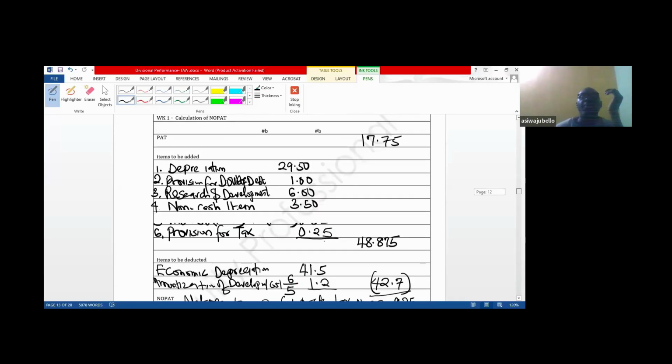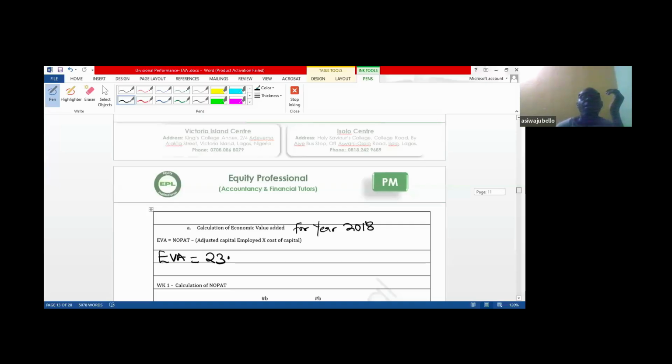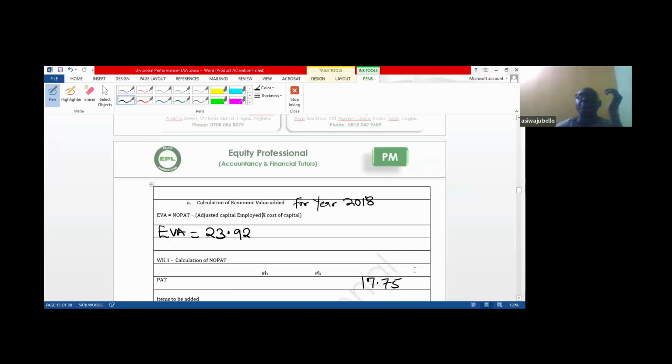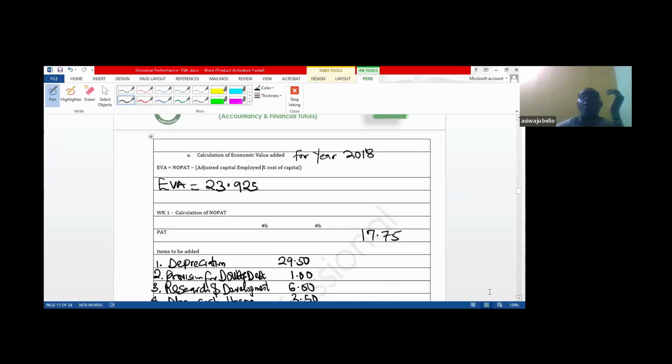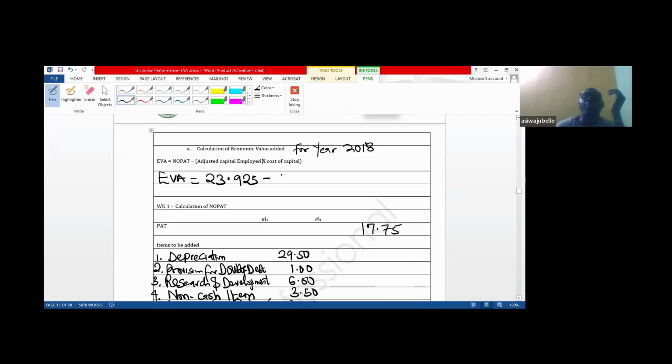23.925 minus, open a bracket, adjusted capital employed 323.25 multiplied by the cost of capital, your WACC, 8.65%.